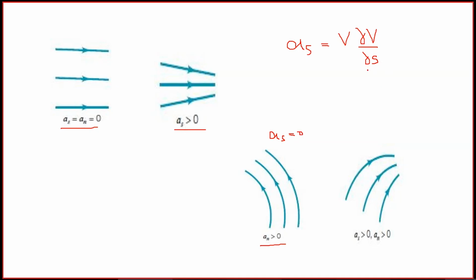ये partial V by partial S है क्या, मुझे बता सकते हैं? अगर मैं ये कोऑर्डिनेट सिस्टम ड्रॉ कर रहा हूं, this is the streamline and this is the normal of that streamline, and the velocity is along this streamline coordinate. तो partial V by partial S क्या हुआ? सर ओनली वेलोसिटी का डेरिवेटिव, इसका S के respect to.